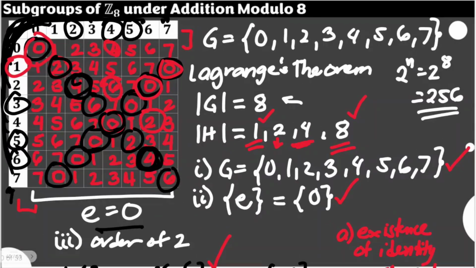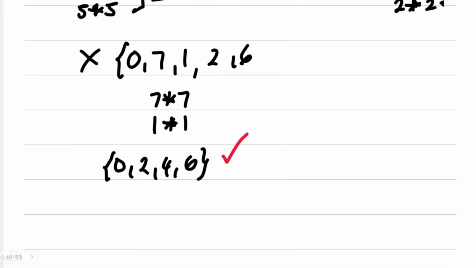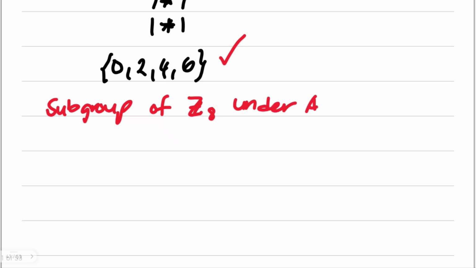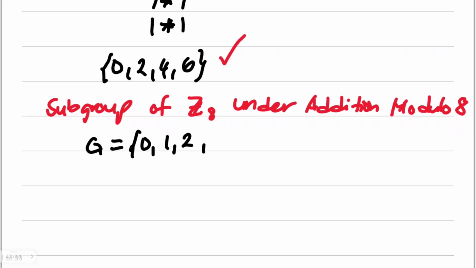Take note that the Lagrange theorem allows us to stop at 4. We already have our 1, 2, 4, and 8, and that's already okay. So to finalize here, just for the final statement here, the subgroups of Z8 under addition modulo 8 are the following. First, you will have the set itself 0, 1, 2, 3, 4, 5, 6, and 7.